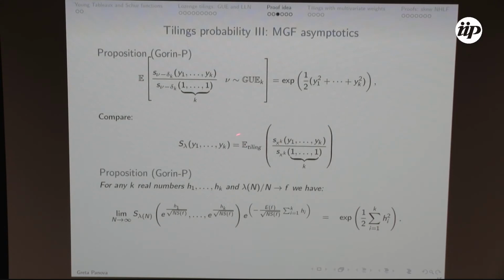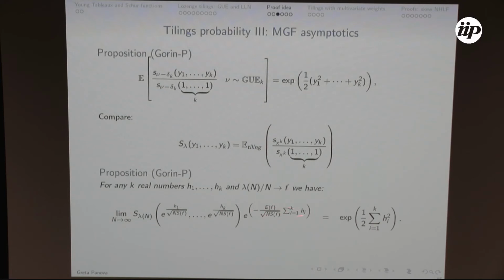And this is for the GUE, this is for the tiling. We have this, and now we need to take lambda to go to infinity in some regular fashion and see how, if we rescale these variables properly, whether we see some convergence, and yes, we do. So here is the rescaling that we need to take.